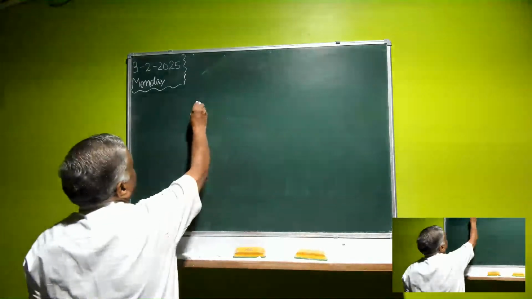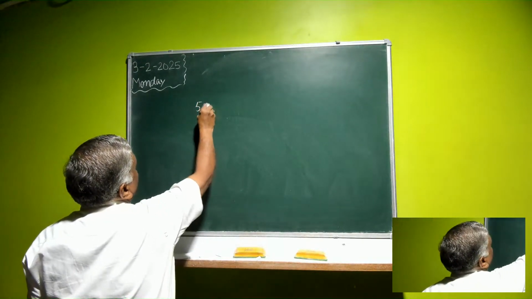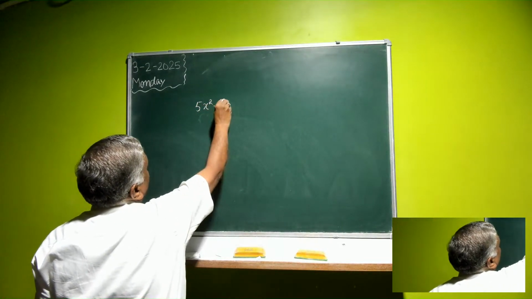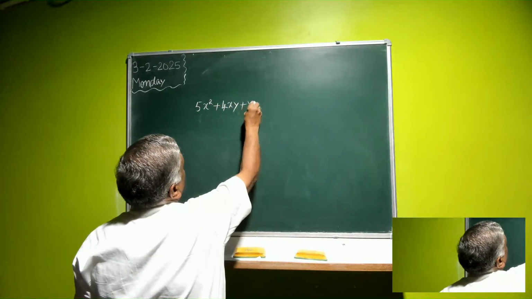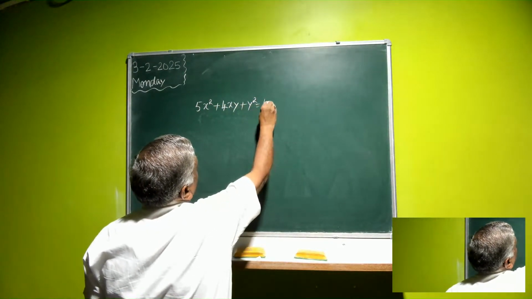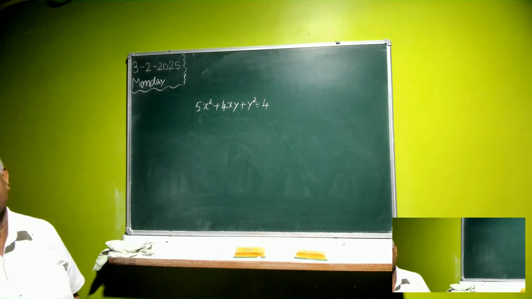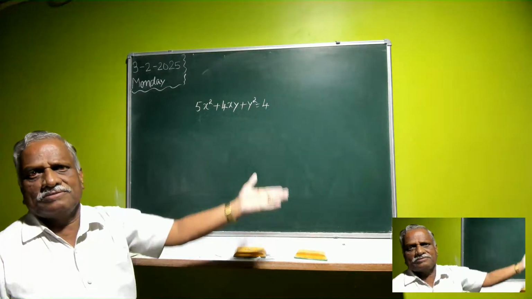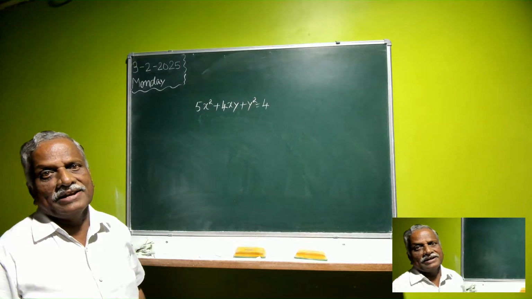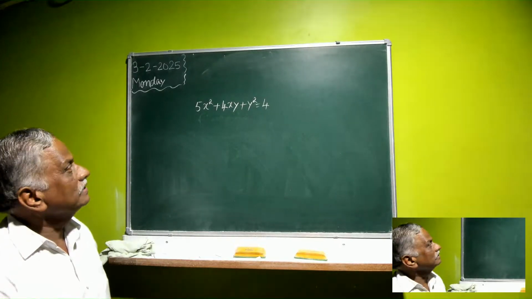I just want to repeat what we did yesterday. 5x square plus 4xy plus y square is equal to 4. Yesterday I taught you this, but I am just working a similar problem again to help you recall.